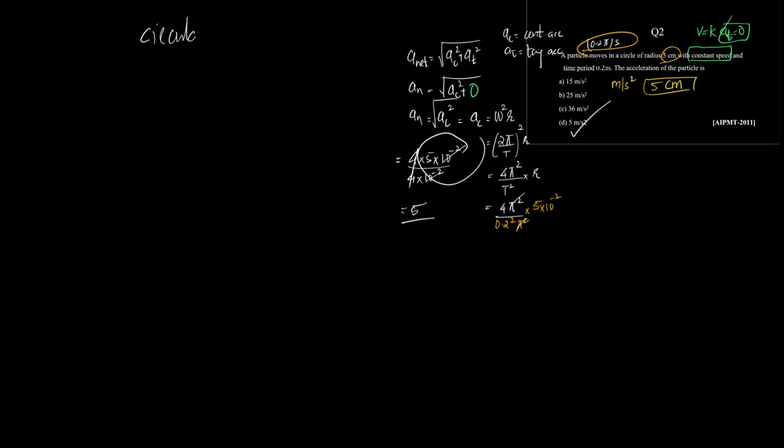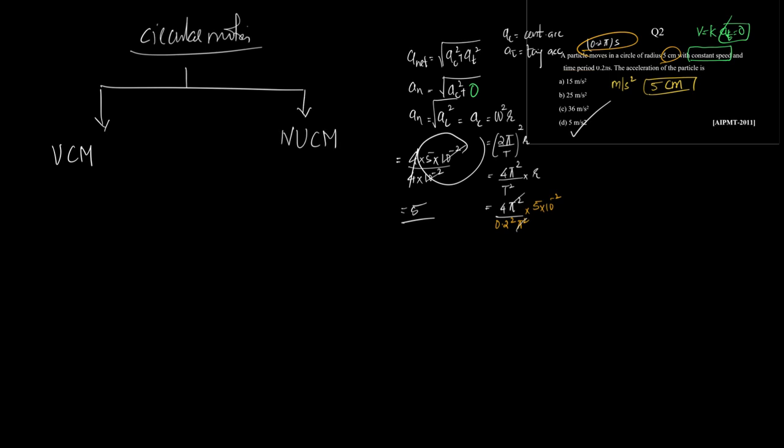So, circular motion can primarily be divided into 2 types. One is uniform circular motion and the other is non-uniform circular motion. Now non-uniform circular motion would be again of 2 types: accelerated circular motion and retarded circular motion.